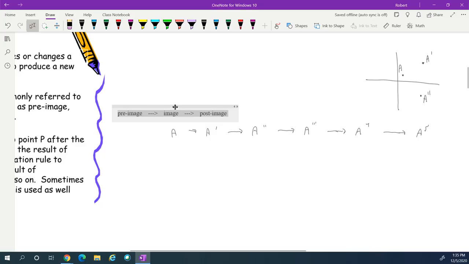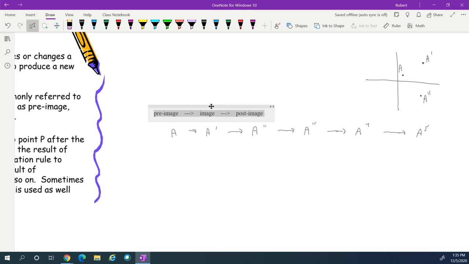But now we're working on A prime, so we call that the image. If we do something else to it, we get the post-image A double prime. But the one before A prime, the pre-image, was just A. That can be confusing, but all we're doing is sliding these three words up and down this chain so that we can focus on three things at a time: the current image, the one before it, and the one that comes next.